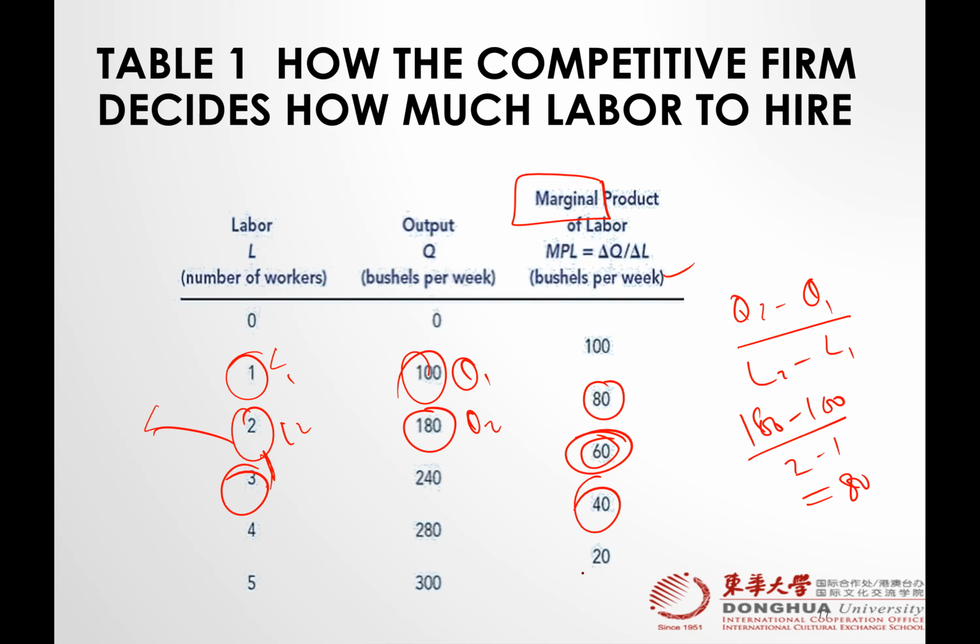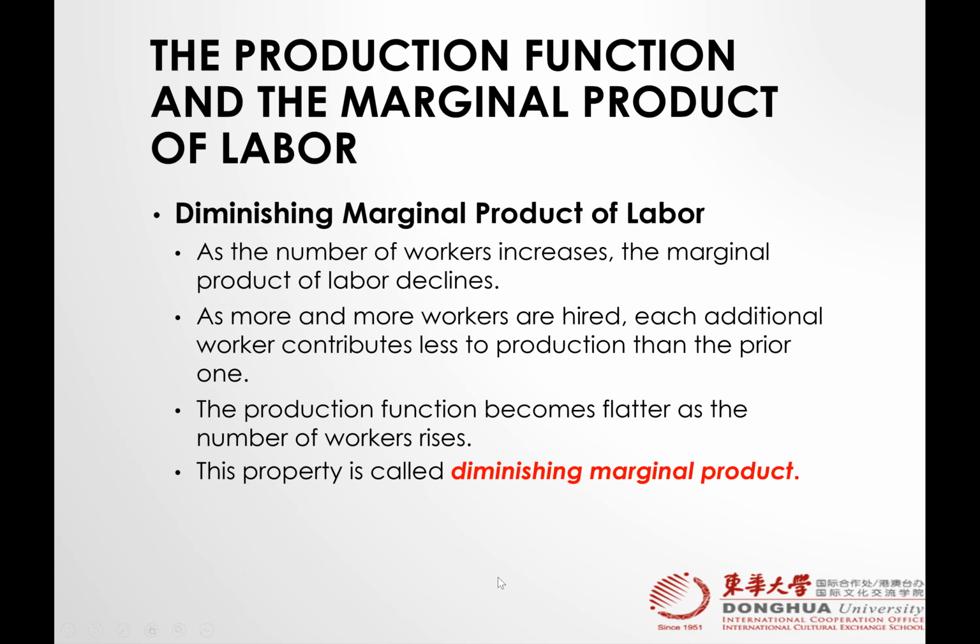Similarly, this is 40 and 20. So you notice that the total output is increasing at a decreasing rate, and we have this property named diminishing marginal product.